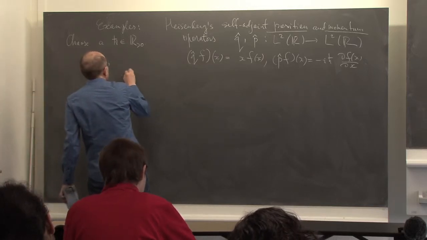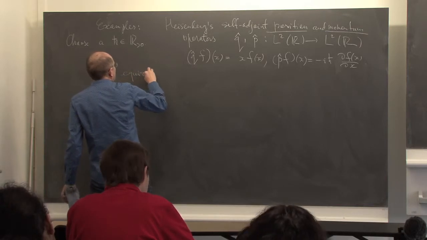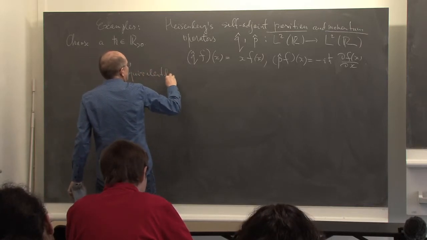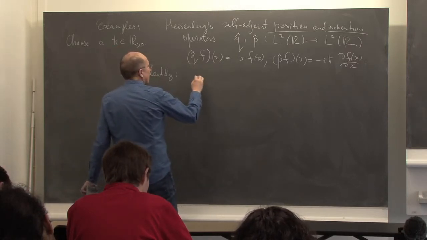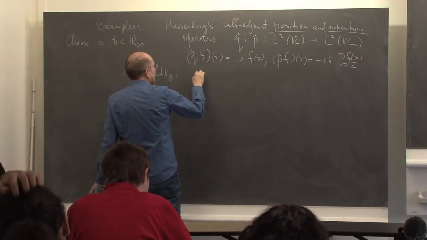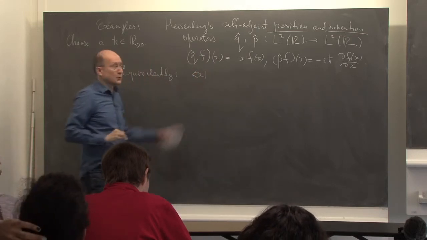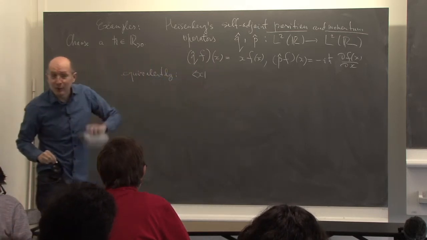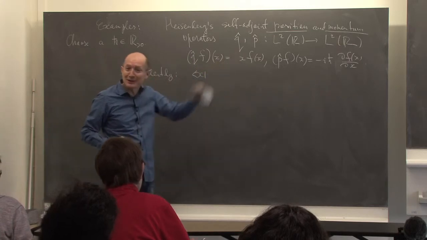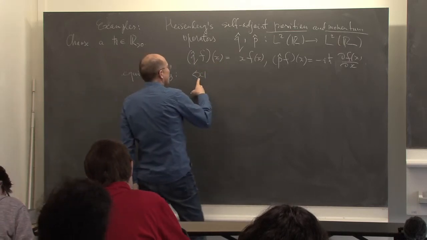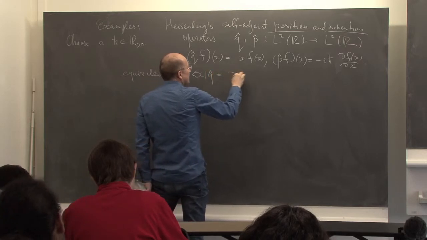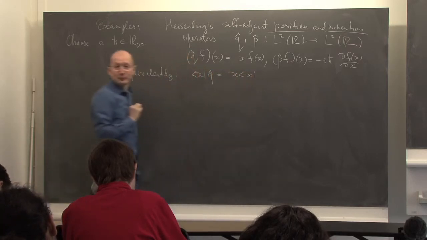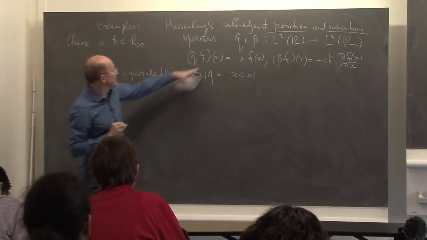But equivalently, we can write using Dirac's notation, which looks like the following. x ket, this is called ket, the other one is called bra. No, this is bra, the other one is ket. So we act on bra x from the right by Q hat and get x times bra x. That's what replaces this.